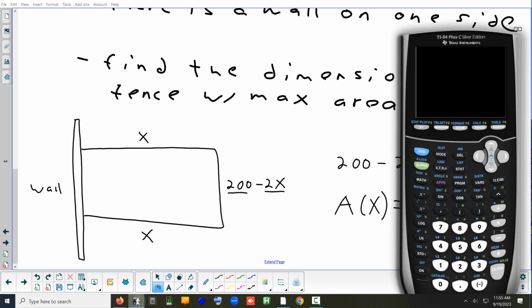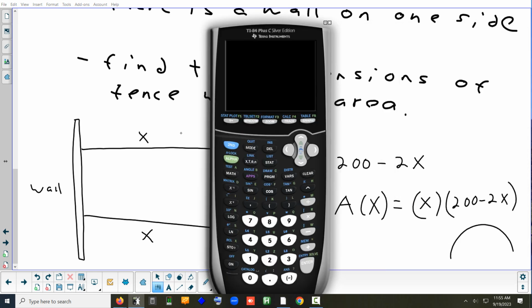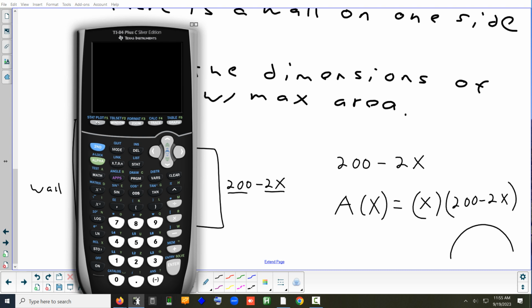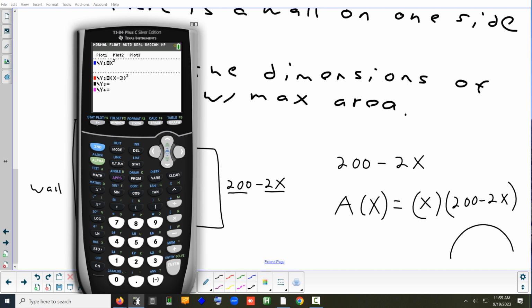You can type it in the calculator just like that. The key is going to be finding a window where we can see it because it's going to be kind of big. These 200 feet of fencing is a lot of material, so we're going to have some bigger numbers. So x times 200 minus 2x.